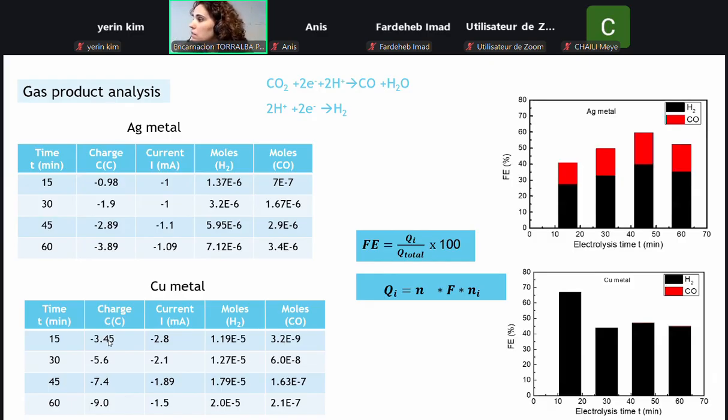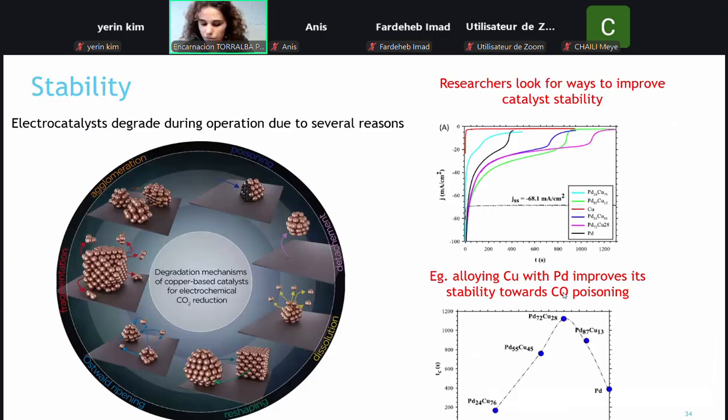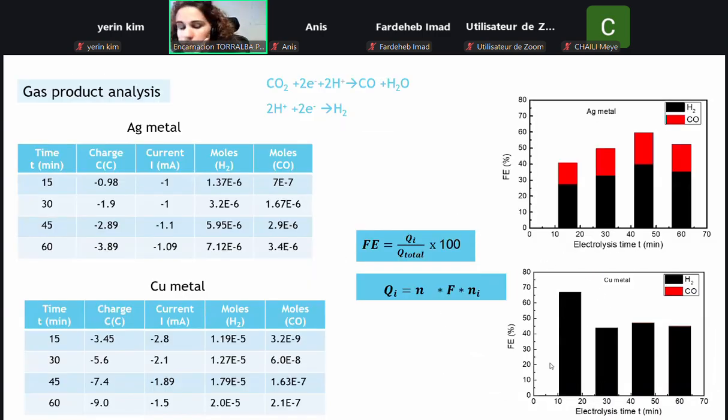Here I only put 15 minutes, and I can see that silver at 15 minutes produces hydrogen, but also some quantity, at least 10% Faraday efficiency, 10% of the charge is going to CO. And in the case of copper, nothing is going to CO. So copper has higher activity, but not for the reaction that I want. So it's not selective, so it's not a good catalyst.